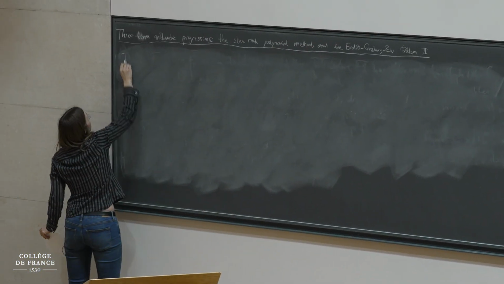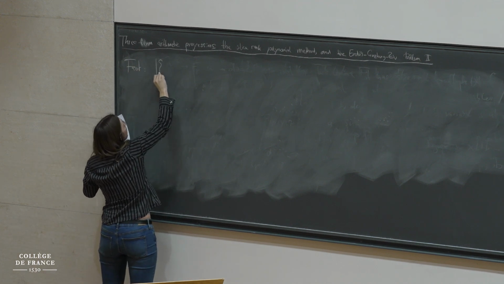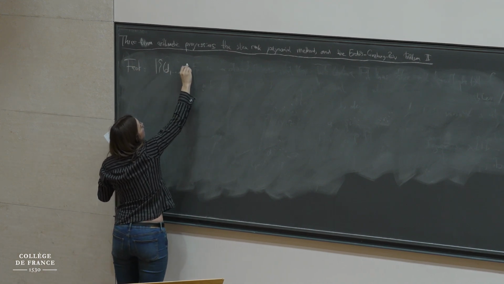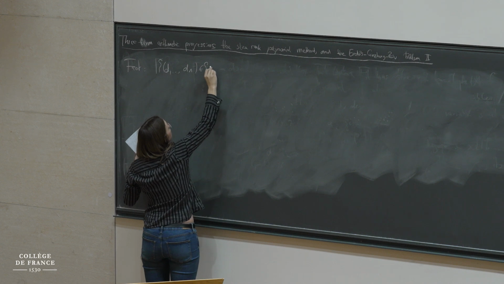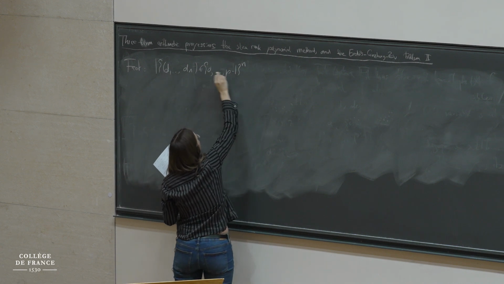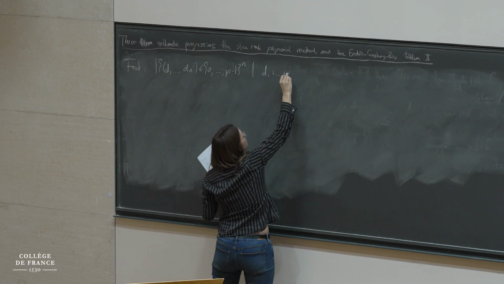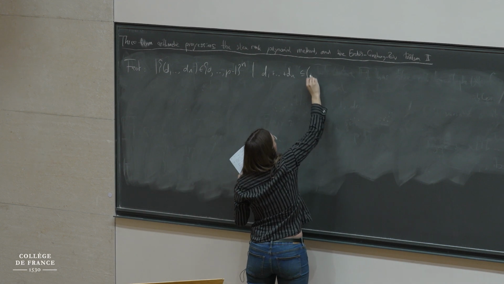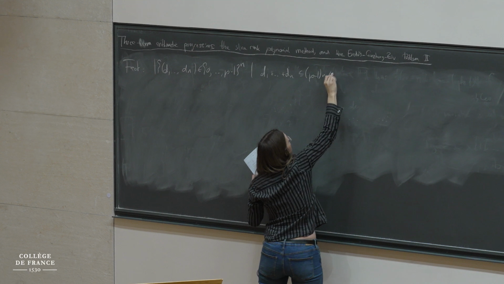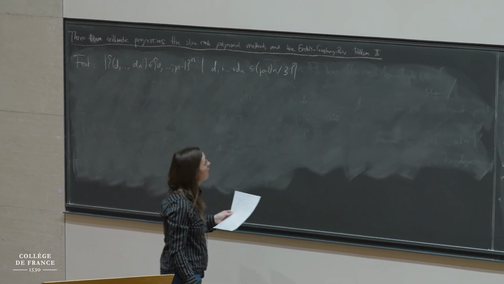So I call this a fact. We look at all tuples d1 to dn, where each of these di's is something from 0 to p minus 1. But you only look at those where the sum is at most p minus 1 times n over 3. And you wonder how many of them there are.